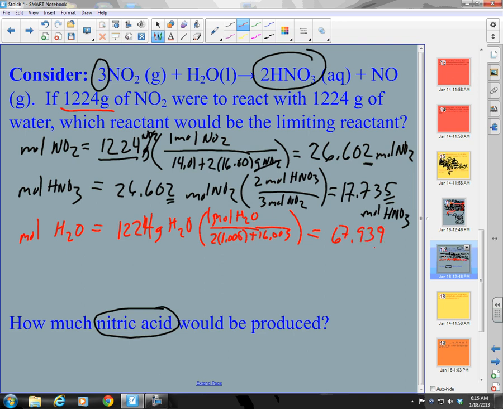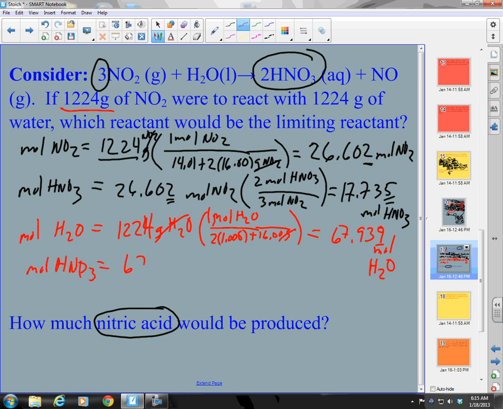67.939 moles of H2O, right? Moles of H2O, have to look, grams, yeah, moles of H2O. And then what? I want moles of HNO3, and that's going to be what?